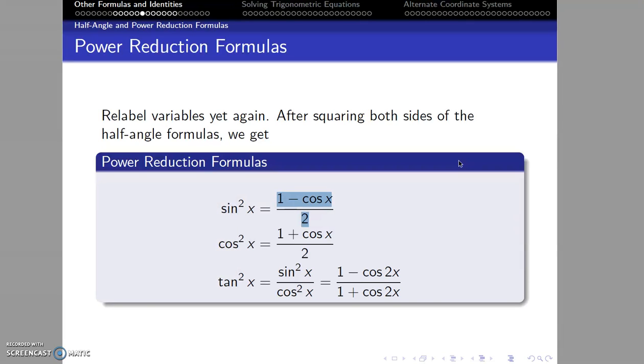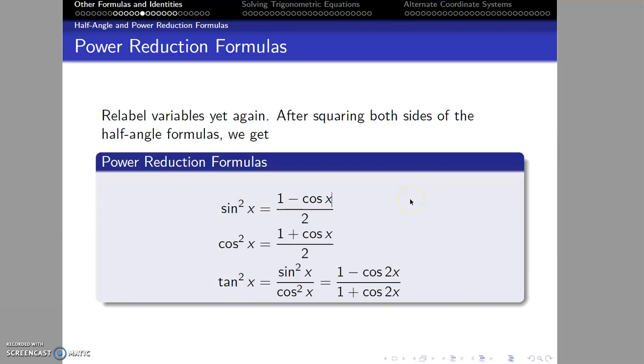There's a more roundabout way of manipulating that formula to get to sine squared x, but we can do it directly now using the power reduction formula. So it's just yet another different way of writing the same result. And we do that because we have less manipulation to do in order to use each of the identities. And that's going to be helpful.